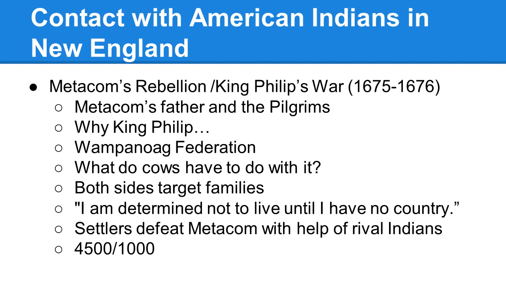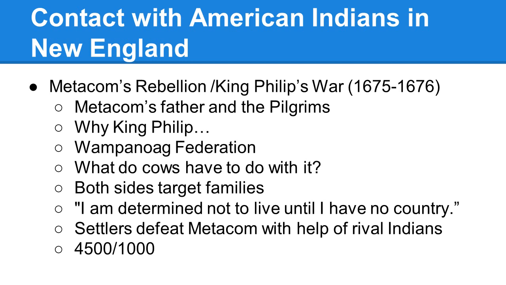And so King Philip grew up with these white people as maybe not necessarily friends, but not enemies either. Metacom was always kind of a nose in the air kind of figure. He was very haughty, very, very full of himself, very sure of himself. And so, even though his tribal name was Metacom, the white settlers began calling him King Philip because he acted like royalty, that he was better than others.